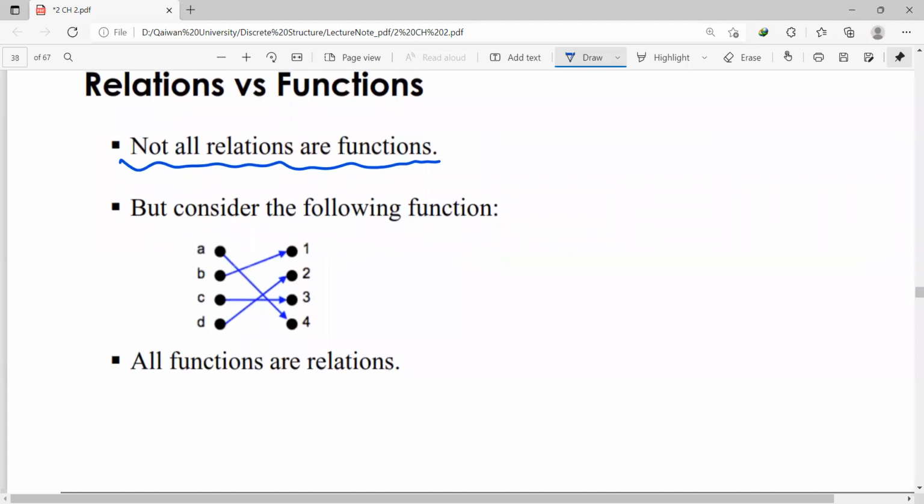Here, look at this. This is a function. It's also a relation. As you see, we have only two conditions on f to be a function. We say all elements of A must have an image in B, and also every element in A must have only one image in B. We have these two conditions on this relation to be a function.